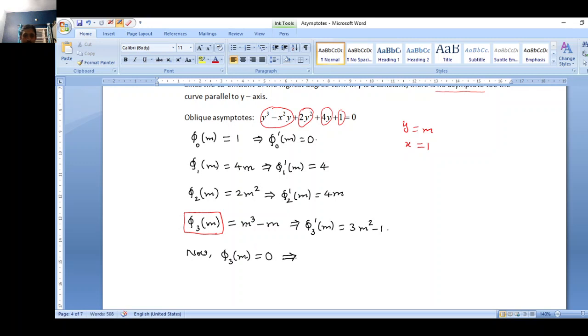So what is phi 3 of m? It is m cube minus m, and now take this equal to 0 and solve this. How do you solve this? This is a cubic equation. Accordingly, there are going to be 3 roots.